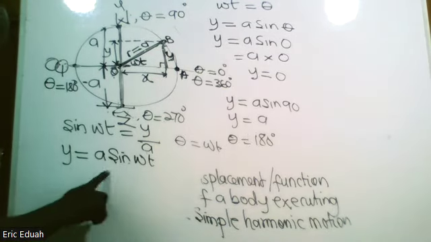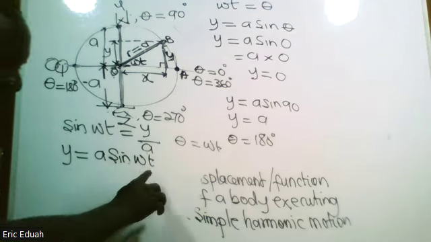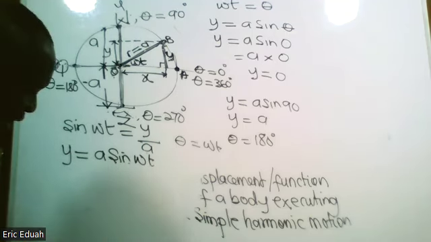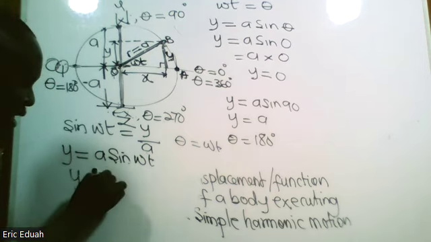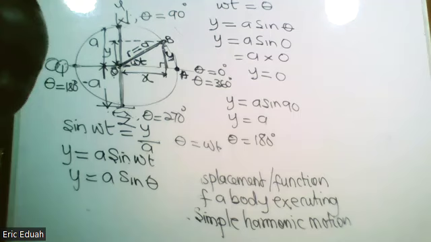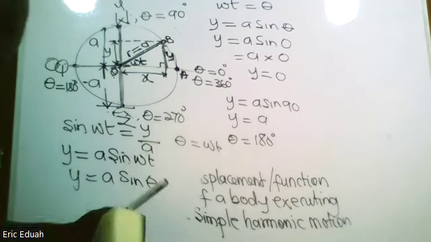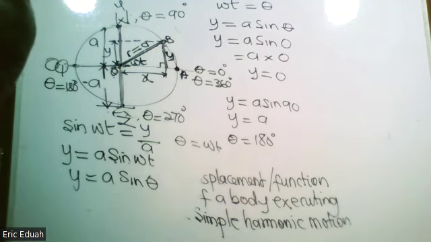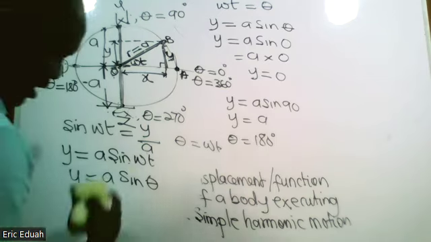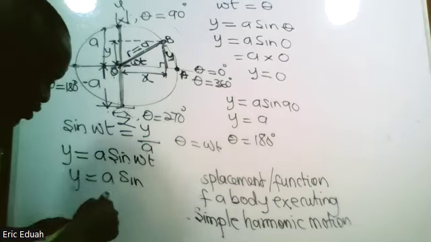When you equate y to A sine omega t, you are expressing displacement with respect to time. When you have y is equal to A sine theta, you are expressing displacement with respect to angles. Both of them would equally play out nicely. So let's see how we can connect displacement to time. So omega t.